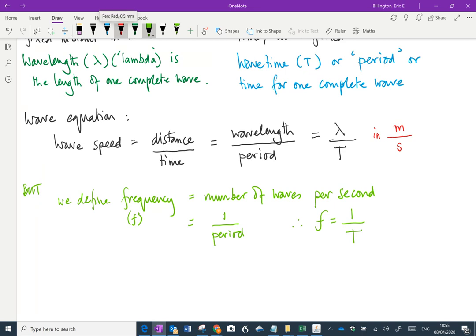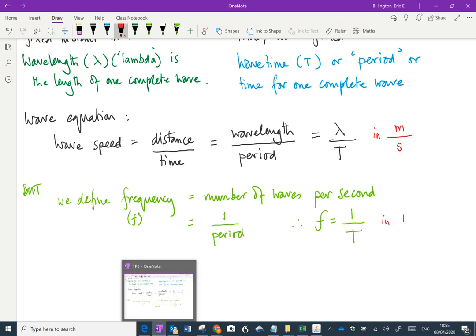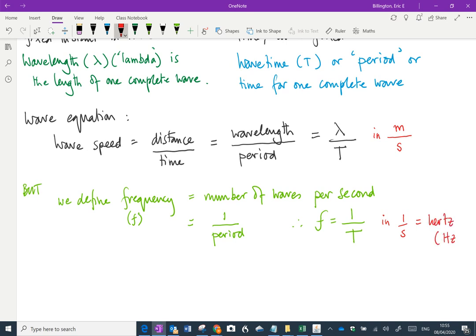Well, you can see that since 1 over period is 1 over seconds, then frequency is in 1 over seconds, which is true, but it has also got its own unit, which is the hertz, and its abbreviation. So finally, I'm sorry, this has gone on longer than expected.